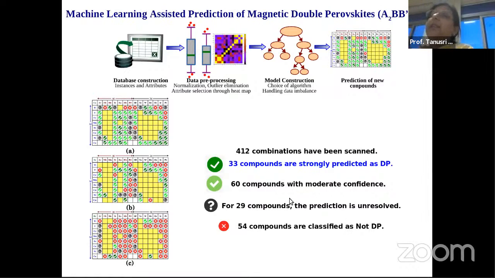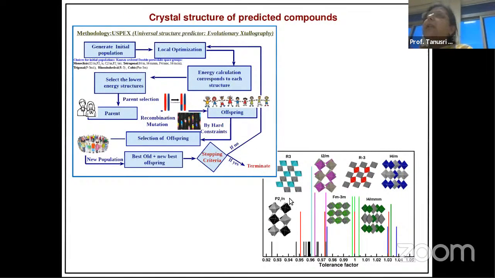So out of those 33, we then made a crystal structure prediction, because for any compound you have to tell what their crystal structure is, since they have never been made. And for that we used a genetic algorithm. Basically, you start with a few initial structures, which are the crystal structures in which double perovskites form. Then through energy calculation, you pick some of the low energy structures that make a parent.